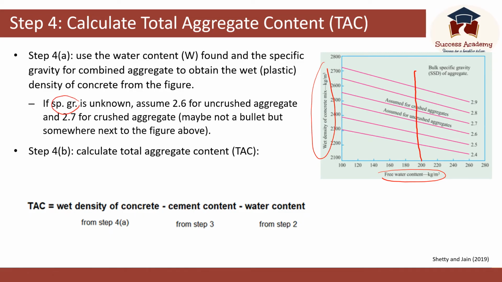If it is not given, we use 2.6 for uncrushed and 2.7 for crushed. So we are using uncrushed, so that is this point, and we draw a horizontal line and we can find out here the wet density of the concrete mix. If we know the wet density of the concrete mix, we can minus the cement content and the water content, then we get the total aggregate content.